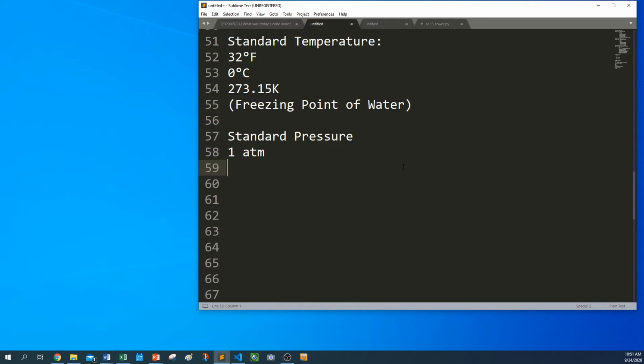And what about in other units? 760 millimeters mercury. Yeah, I don't think that's going to be able to test. The other one is kilopascal. 101.325 kilopascal.